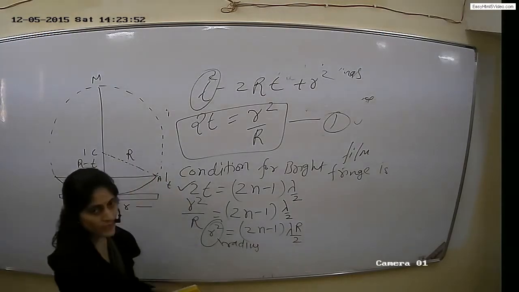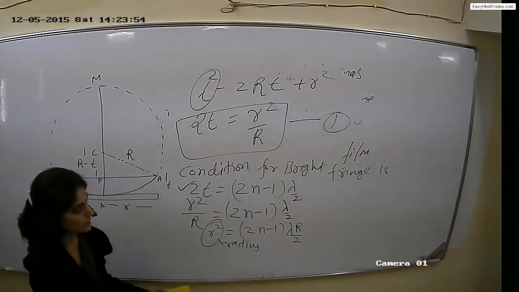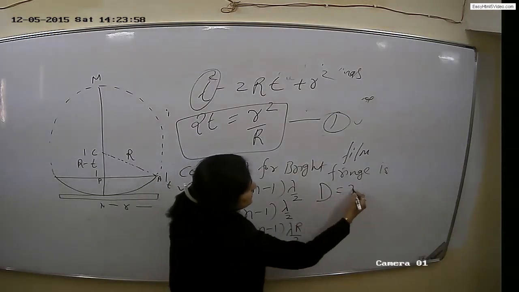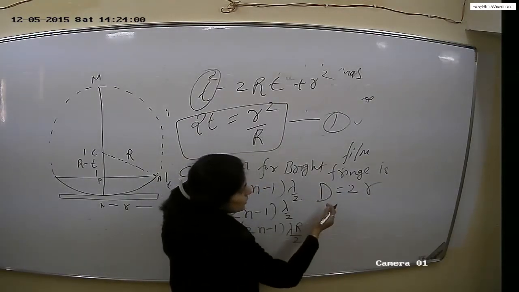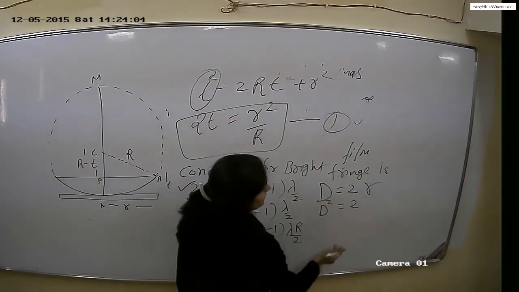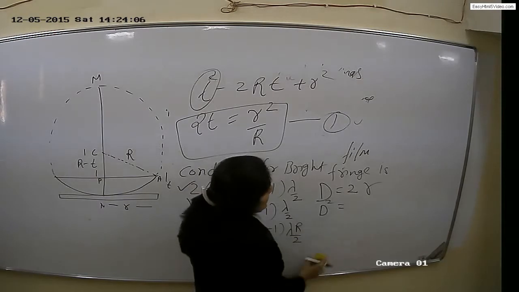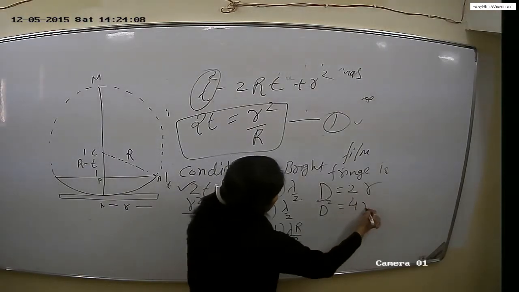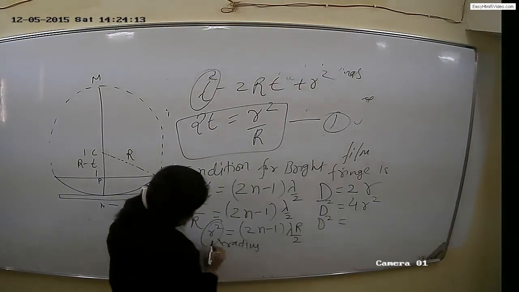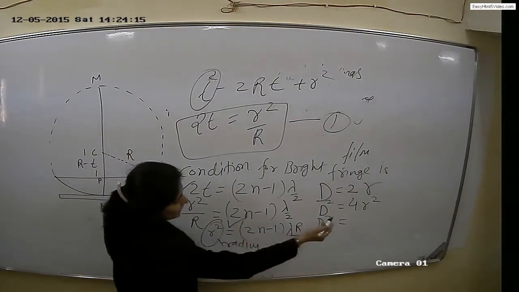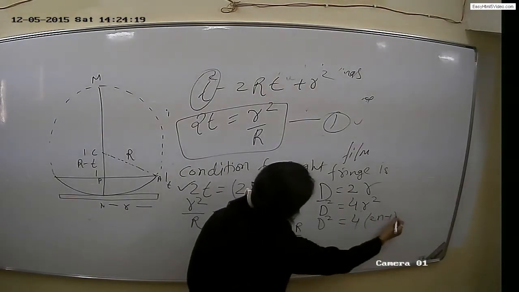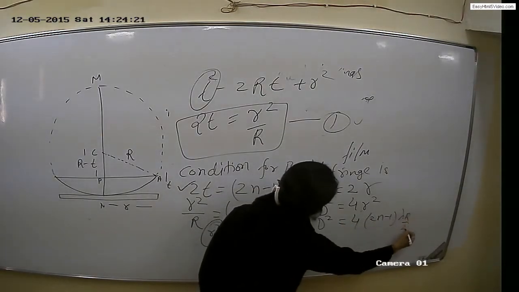We have to calculate the diameter. So we know that diameter is twice the radius. Squaring both the sides, D square is equal to 4 r square. Substituting the value of r square, we get 4 into (2n minus 1) lambda R upon 2.